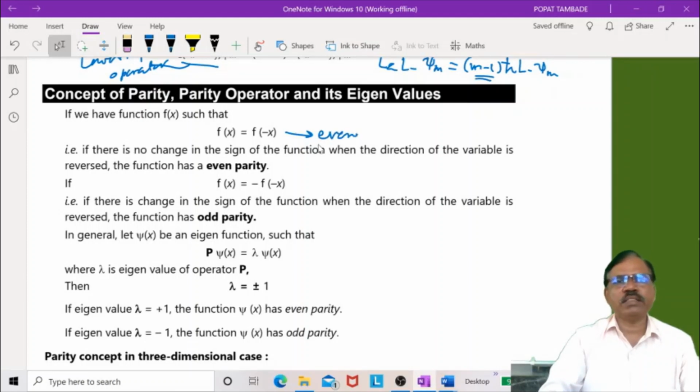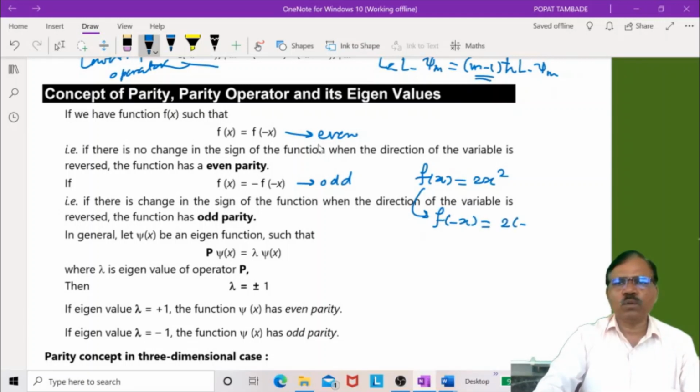But if f of x is equal to minus f of minus x, then this function has odd parity. For example, if we take f of x is equal to 2x square, and if we replace x by minus x, we get f of minus x is equal to 2 times minus x square, so we get 2x square. So there is no change in sign, so f of x is equal to f of minus x. So this function has even parity.